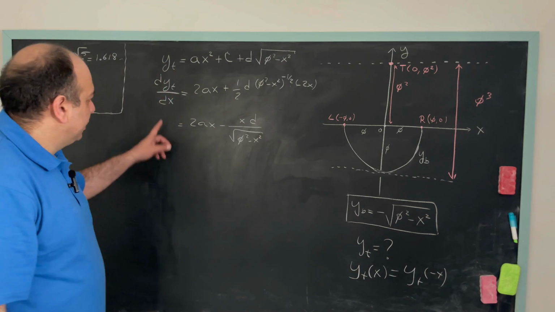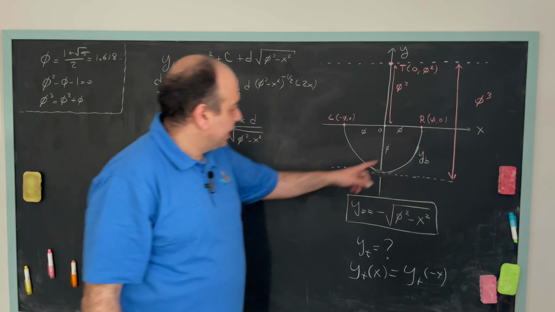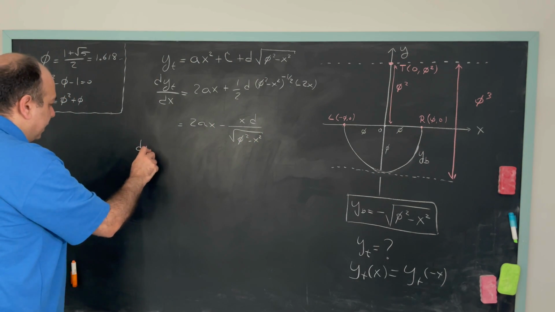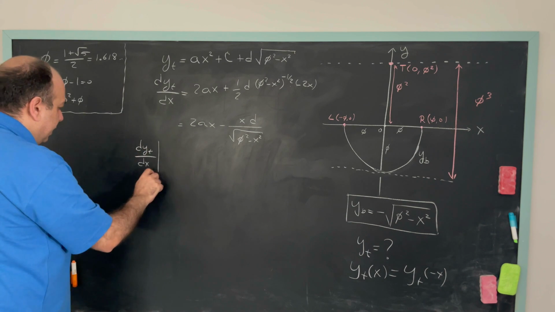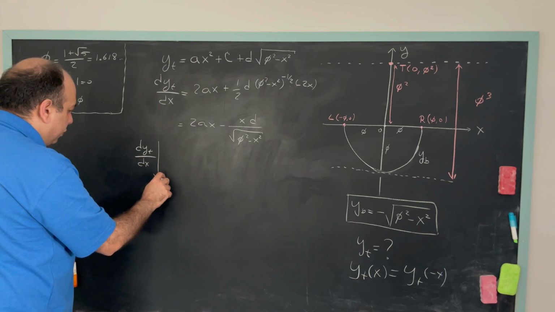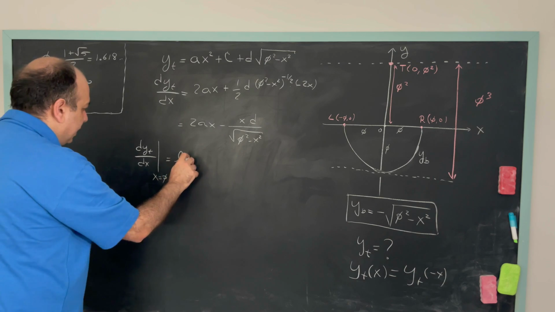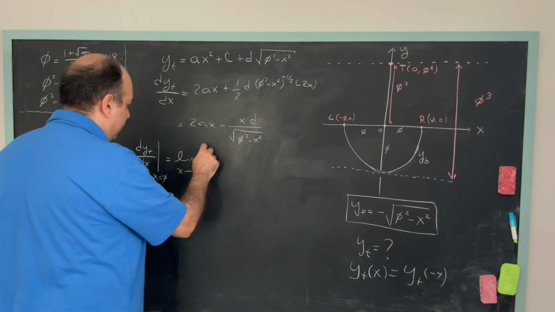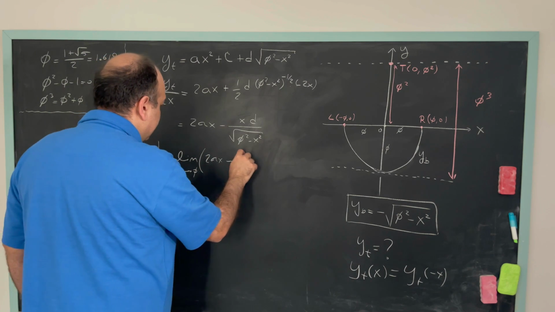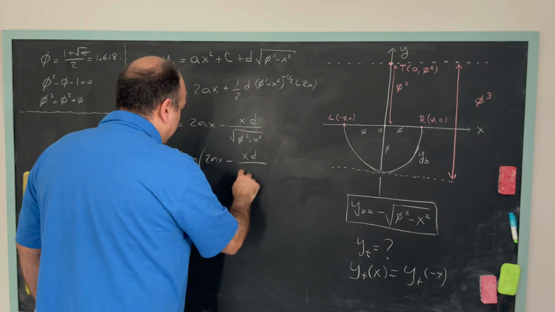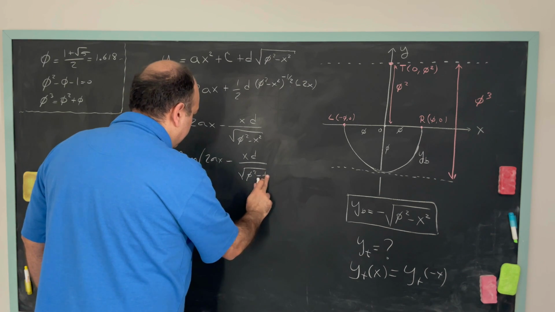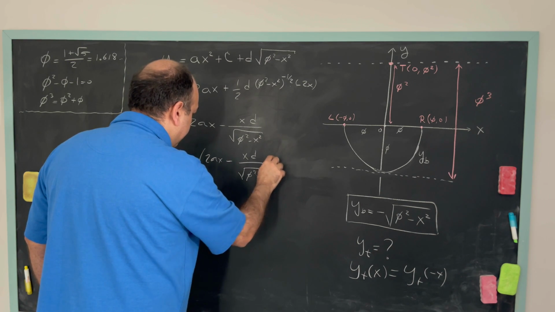If I want to calculate this derivative at x is equal to phi, what I will have is dy t over dx at x is equal to phi. It's nothing but the limit when x goes to phi of 2ax minus xd over the square root of phi squared minus x squared, right?